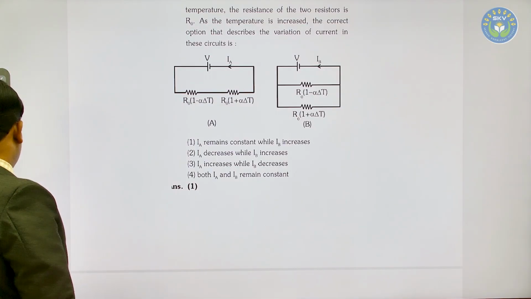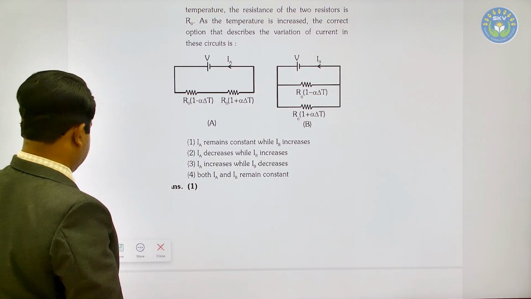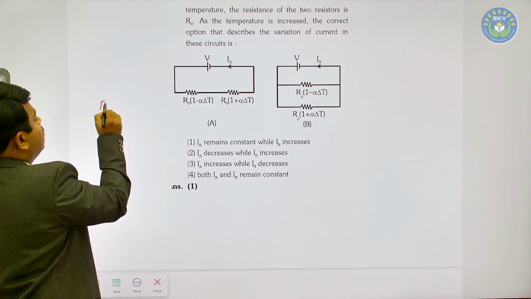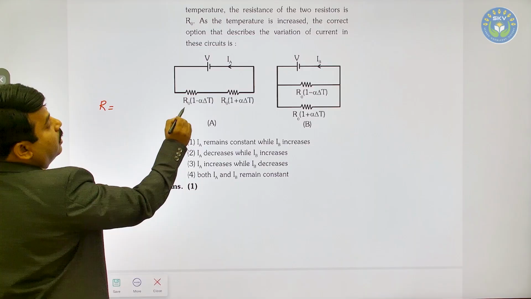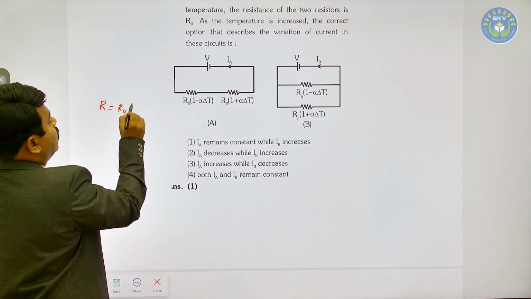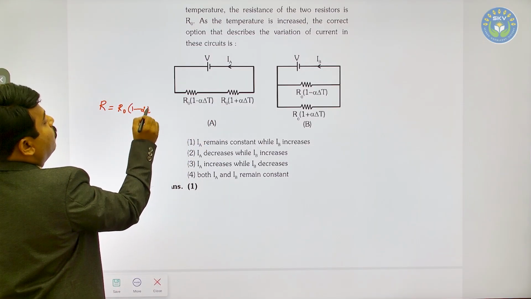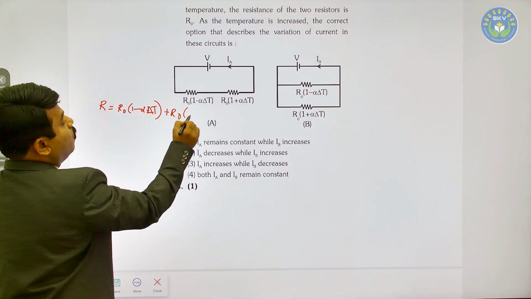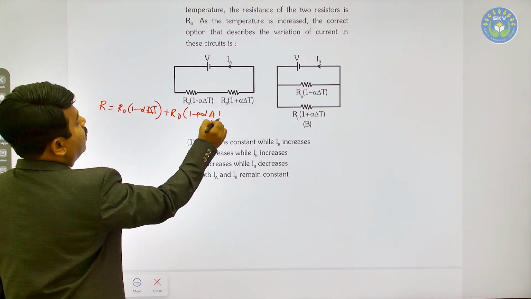Here the first connection is series, right? In series, what is the net resistance? R1 plus R2, that is R0 into (1 minus alpha delta t) plus R0 into (1 plus alpha delta t).